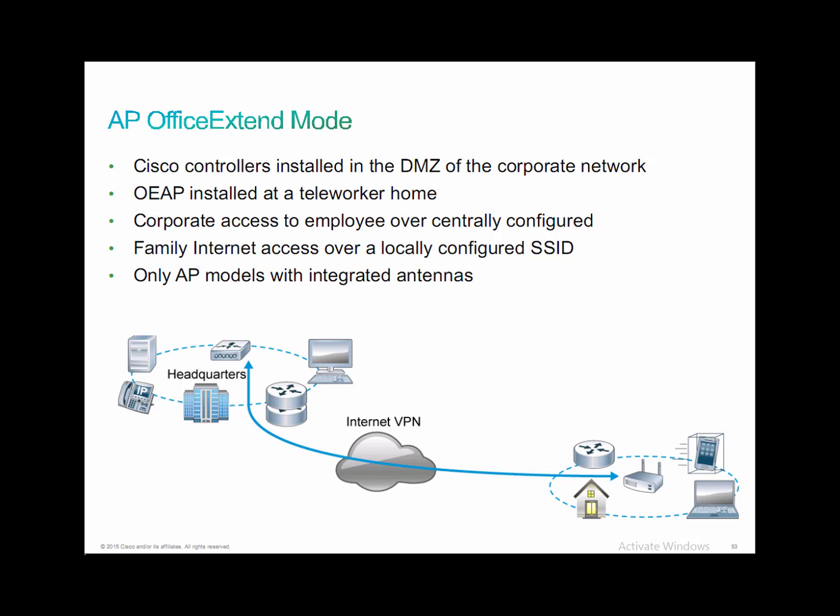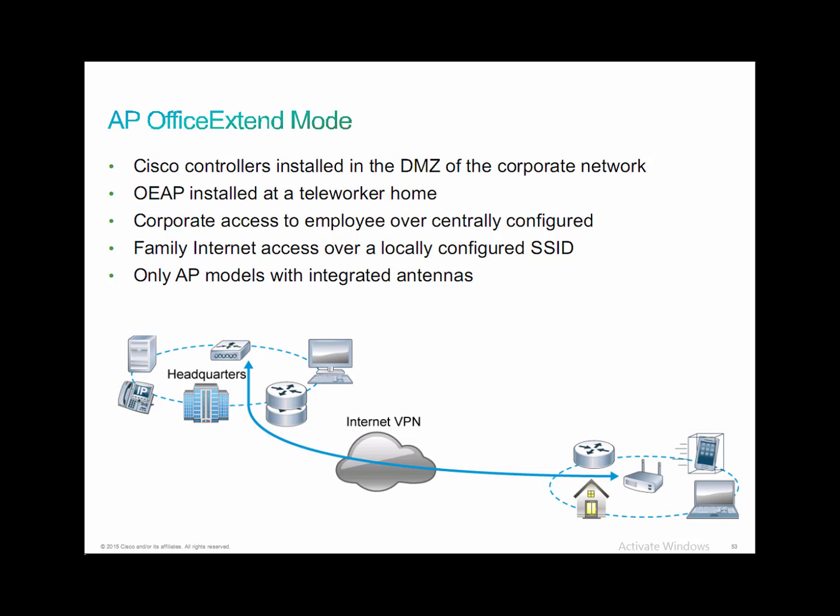So you can access the internet wirelessly. You don't have to add any additional devices. In addition, you can even create your own SSIDs, which get routed locally to the internet, and then you can have your corporate IDs still identified. All of the supported AP models, only with integrated antennas, can be configured with this OEAP operation.